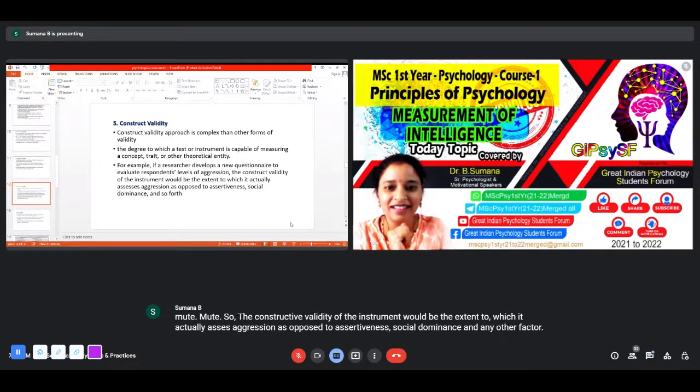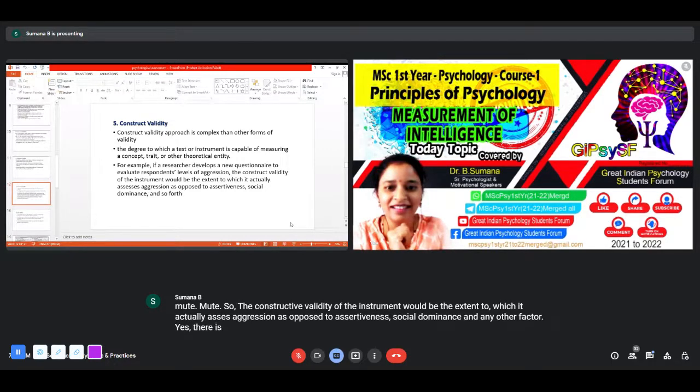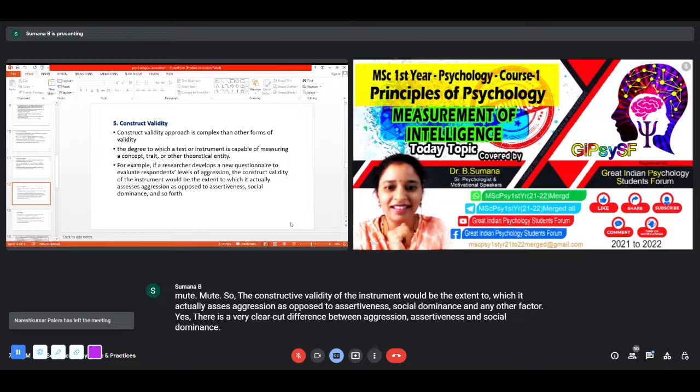There is a very clear-cut difference between aggression, assertiveness, and social dominance. But if you observe a person's act, all three look more or less similar.